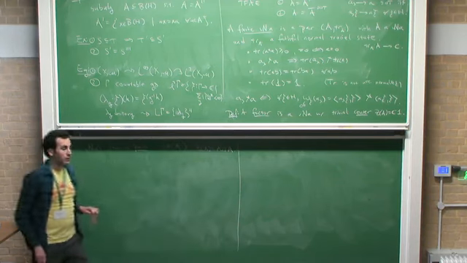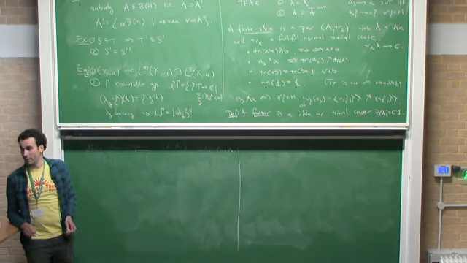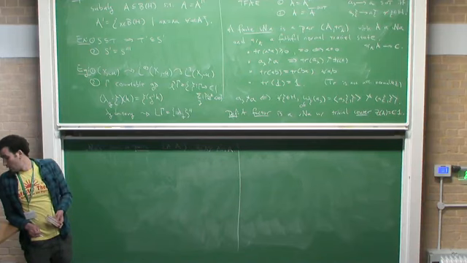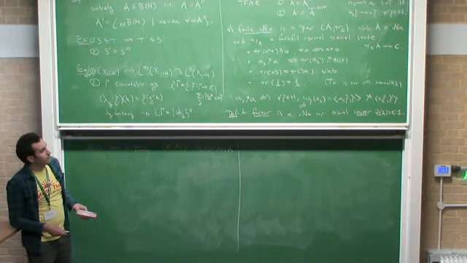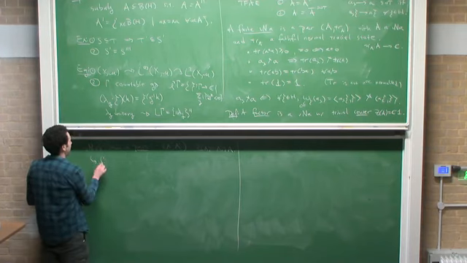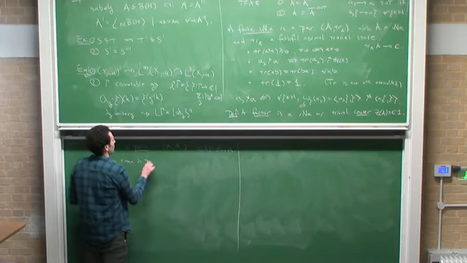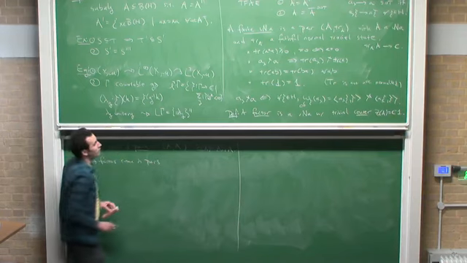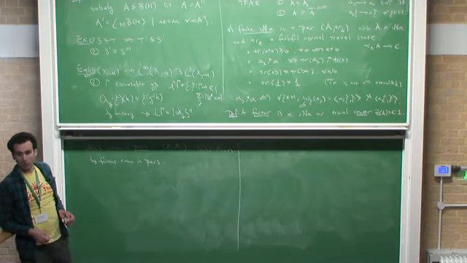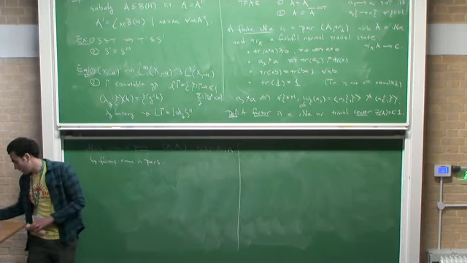It's easy to see that the center is just A prime intersect A. Just write out the definitions algebraically, and you'll see that. So this also says that factors come in pairs. Every time I have a factor A, its commutant is also a factor, because they have the same common center.